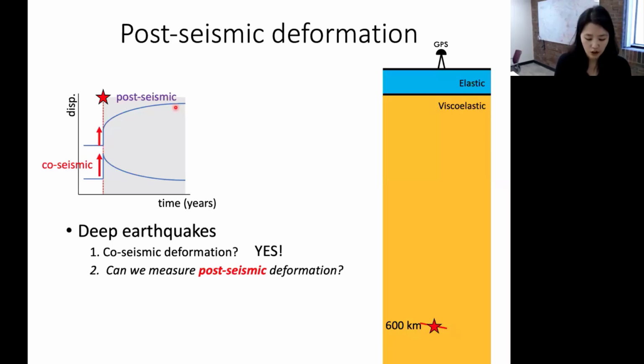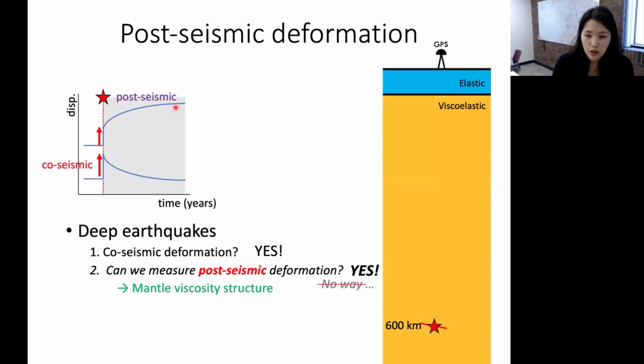Because the earthquake is so far away from the surface, most people thought it would be unlikely that we would detect any of those gradual time-dependent motions. But I'm pretty happy to tell you throughout this talk that we now know that the answer is yes to this problem as well. And because we can measure and detect postseismic deformation, we can now use that to constrain mantle viscosity structure.